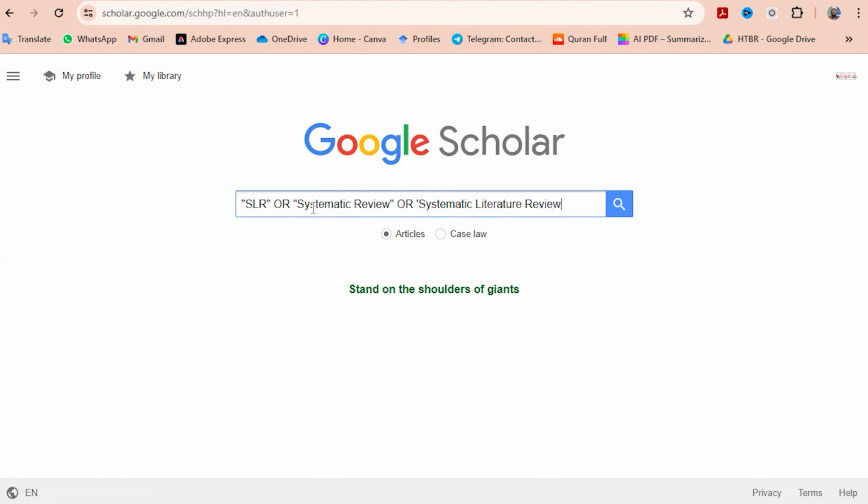So when you are searching, use this kind of keyword. These three terms, any one of them must be included when you are writing your SLR.